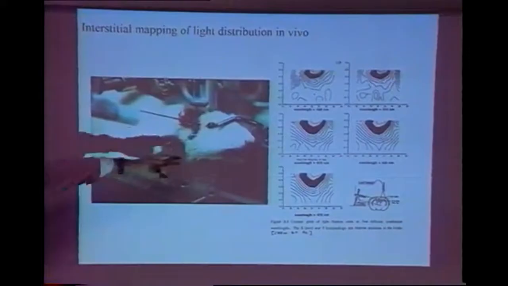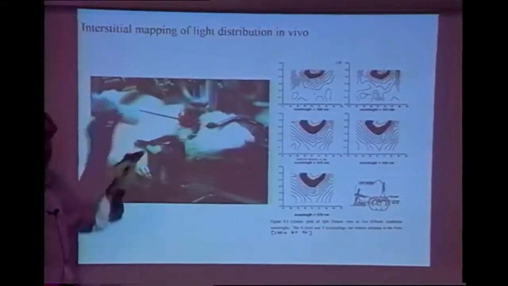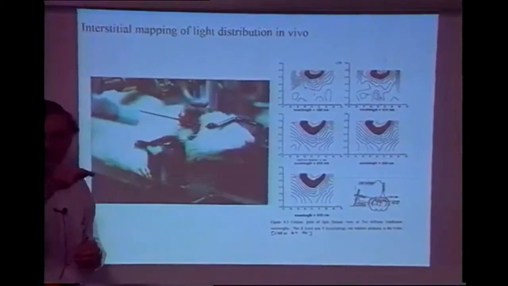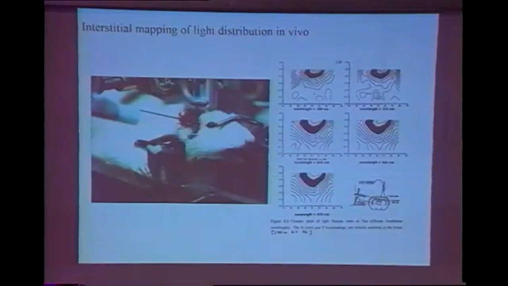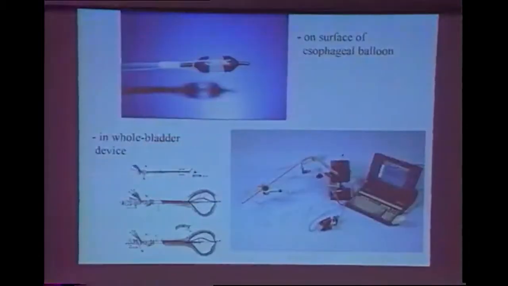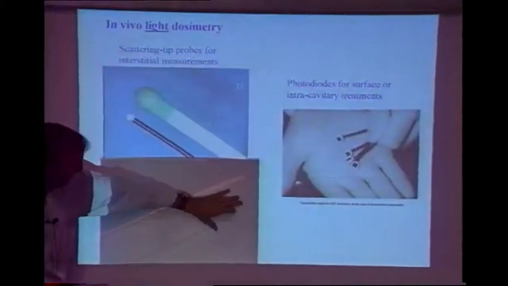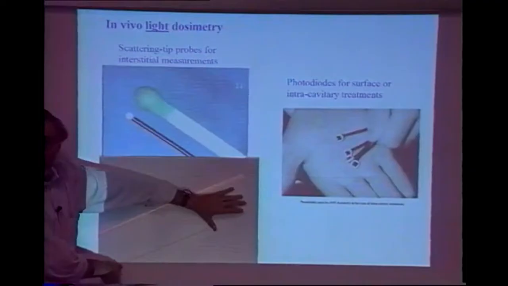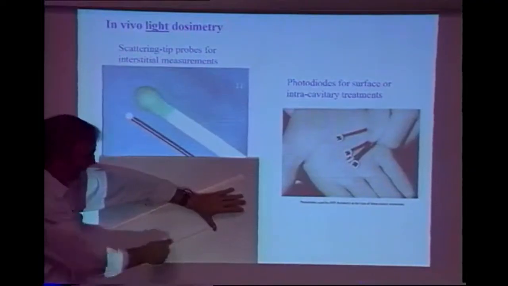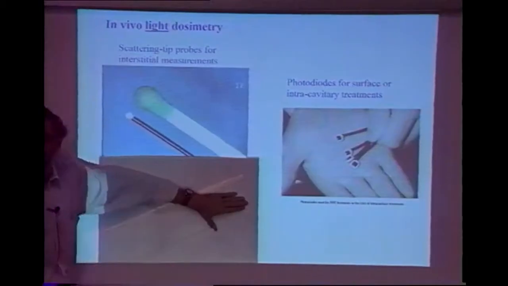In order to do this, if you do this with just a fiber, you just take an optical fiber and put it in, you get the wrong answer. And the reason is that if you take this ball off, then you can put a detector here and measure the light, but you'll only measure the light that is within the acceptance angle of the fiber.